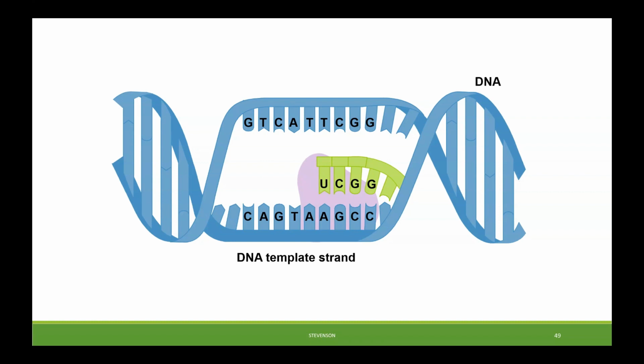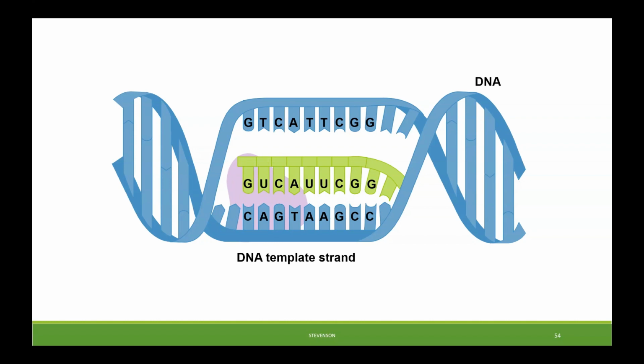Remember, there's no thymines in RNA, there's only uracils. So where A would have paired with a T in DNA, when it's pairing with RNA, it pairs with a U. And then every time the enzyme sees a T, it will build an A, and so on and so forth, continuing to add letters until it reaches the end of the gene.